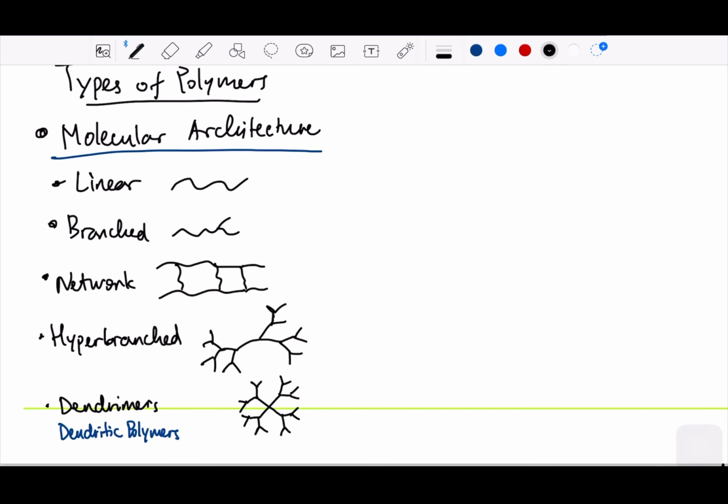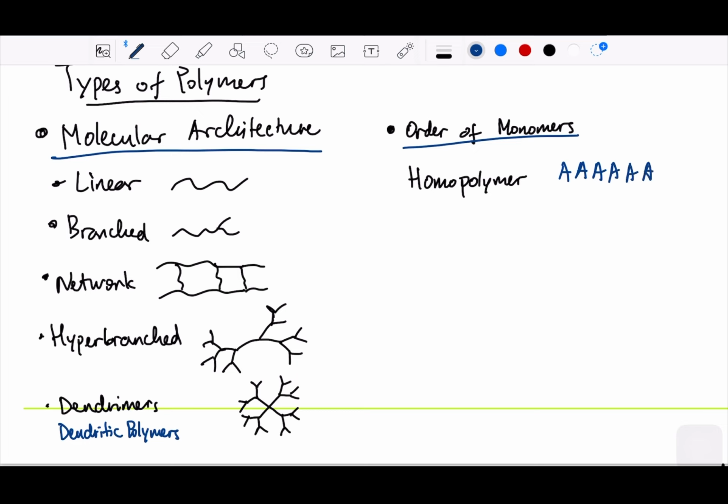Okay. We can also look at the order of monomers. We have a homopolymer. Let's say A, right? Same repeated unit.